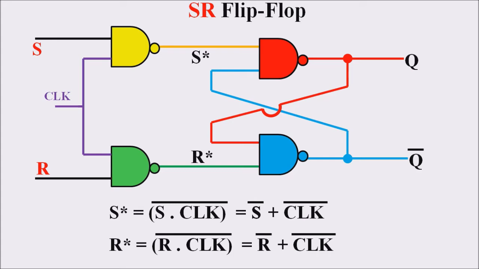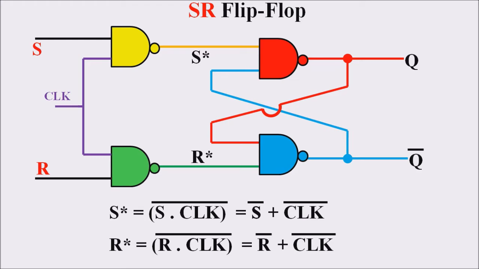S dot clock complement can be expanded as S complement plus clock complement according to De Morgan's law. Similarly, R star is the complement of R dot clock, which is equal to R complement plus clock complement according to De Morgan's law.